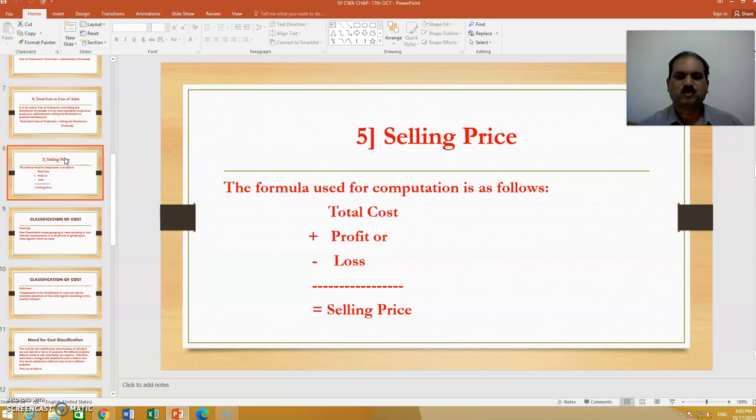If total cost is rupees 10 and profit added is rupees 1, naturally the selling price will be 10 plus 1 is equal to 11. But if the total cost is 10 and the company, considering the market competition, decides to sell the product at 1 rupee less, that means minus 1, then the total cost will be 10, loss of 1 rupee, and the selling price naturally will be rupees 9.